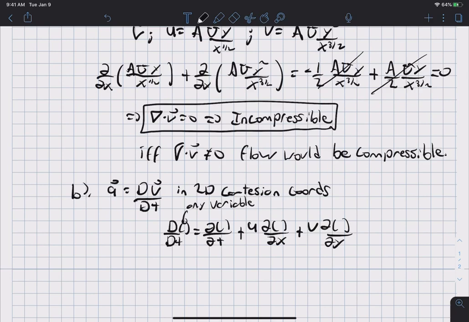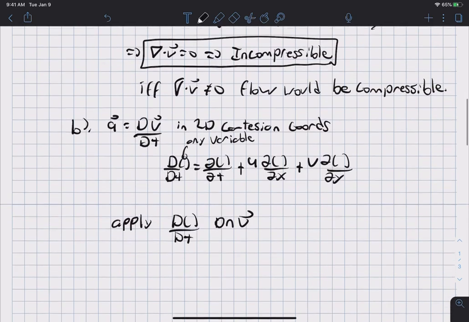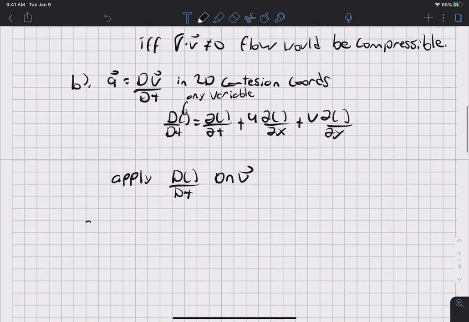Okay, and so if we want to find the acceleration, we apply this operator d by dt on the velocity vector. Okay, so a equals dv dt.